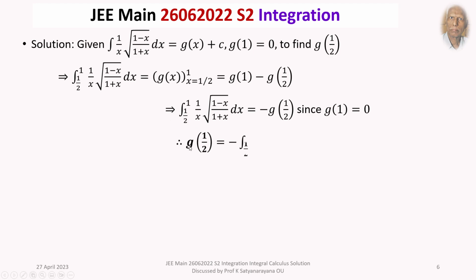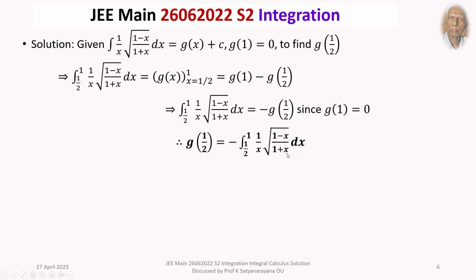So the value of g when x is equal to 1 by 2 is equal to minus the integral from 1 by 2 to 1 of 1 by x under the square root of (1 minus x) by (1 plus x) dx. So find this integral; its value will give g of 1 by 2.